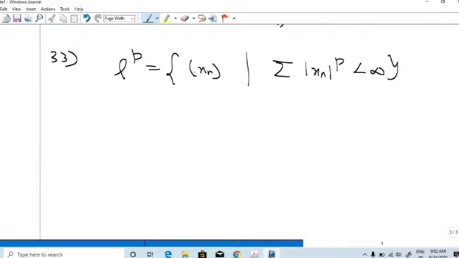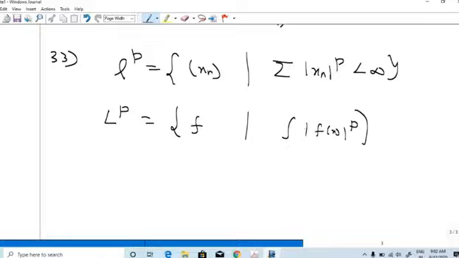So the collection of all sequences whose corresponding series converges is lp. And big Lp is the set of all functions f such that the integral of modulus of f of x power p dx, whole power 1 by p, is less than infinity, finite.